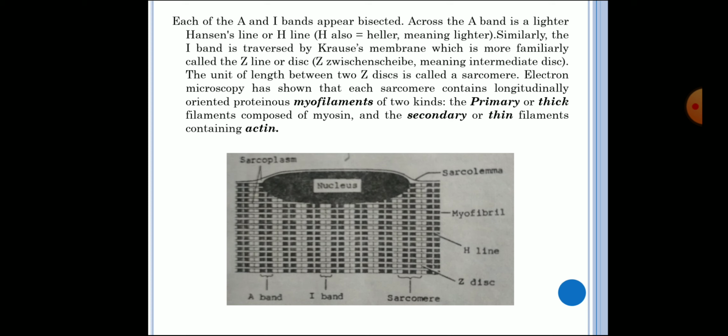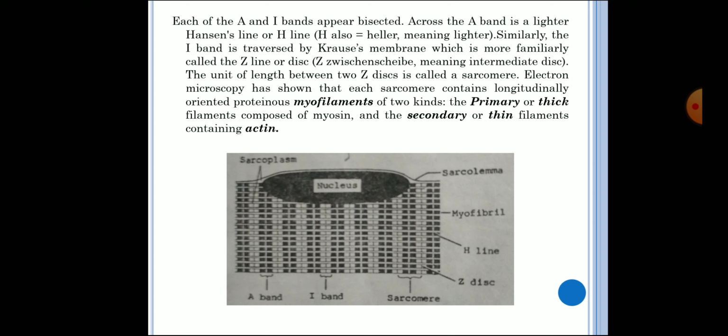Z is nothing but the Zwischenscheibe, meaning intermediate disc. The unit of length between two Z discs is called sarcomere. This is also the functional unit of the striated muscle. Each myofibril consists of a repeating array of sarcomeres, each about 2 micron long in resting muscles.